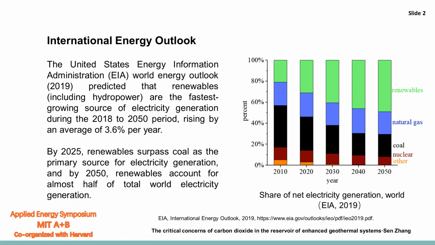From this right-hand side diagram, we can see it predicts that the renewables are going to surpass power as the electricity generation in 2025, and are going to account for half of the world electricity generation by 2050.